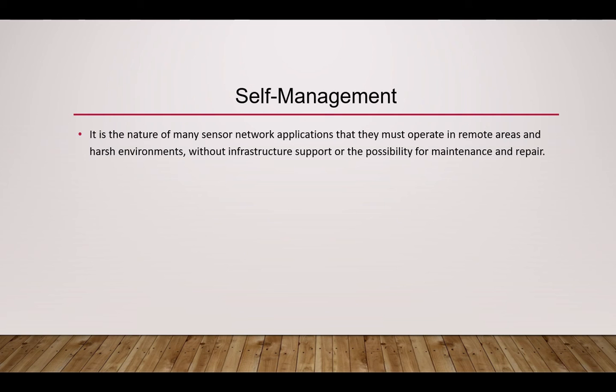It is the nature of many sensor network applications that they must operate in remote areas and harsh environments without infrastructure support or the possibility of maintenance and repair. Therefore, sensor nodes must be self-managing; they configure themselves, operate and collaborate with other nodes, and adapt to failures, changes in the environment and environmental stimuli without human intervention.